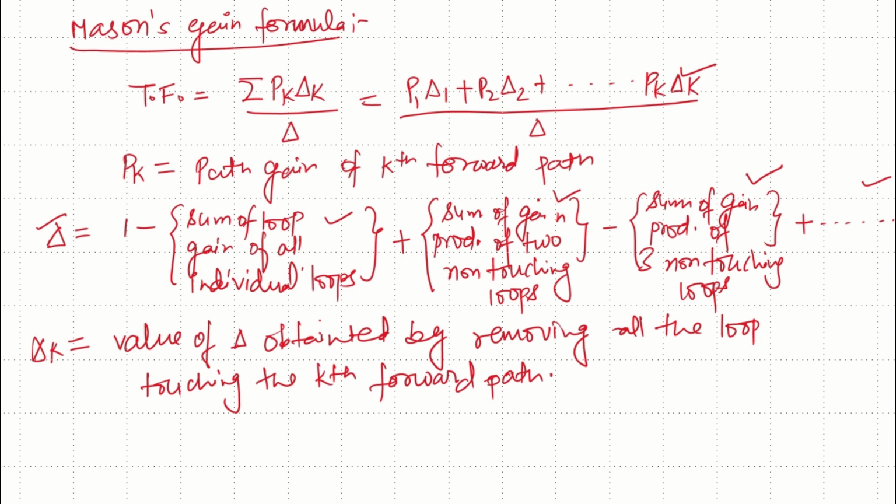So we will take a couple of examples of signal flow graphs to understand how we can calculate the transfer function by first determining these values: the path gain of the forward path, the individual loop gains, the sum of gain product of two non-touching loops, and how to determine the value of delta k also.